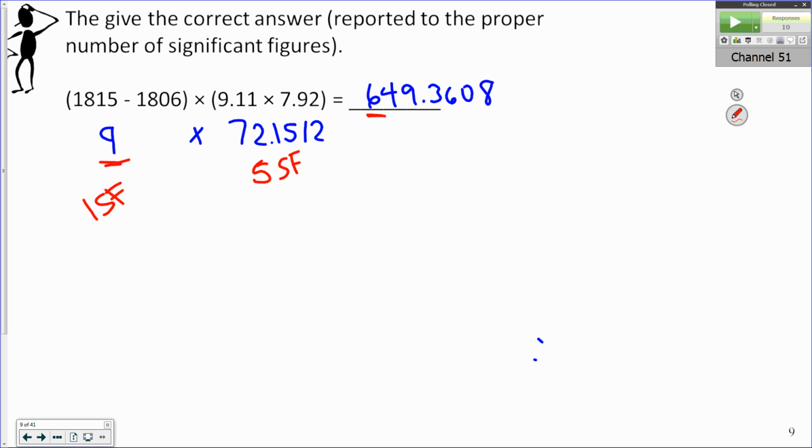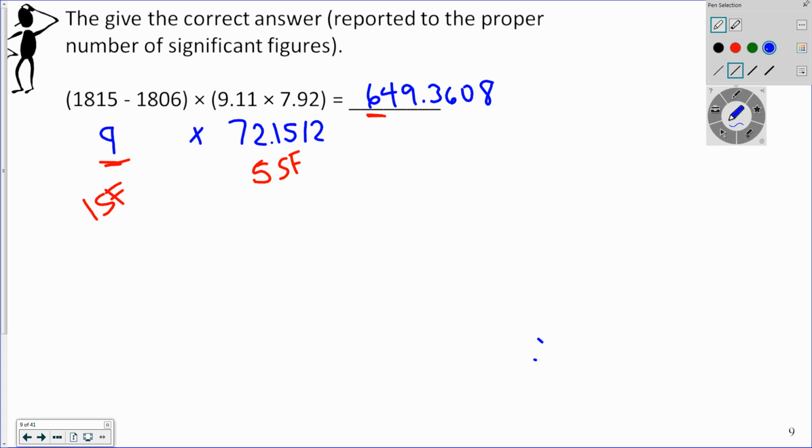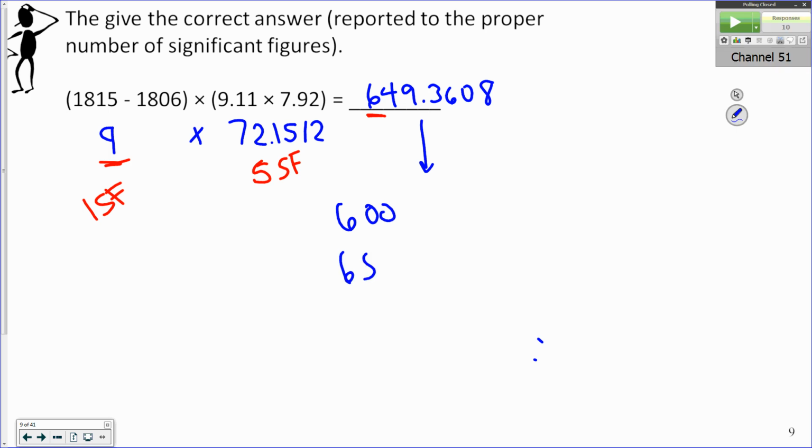So, now, tell me how to report that correctly. Would it be 600? 6 times 10 to the second. If I wrote 600, to me, I'm implying 3 significant figures in that.